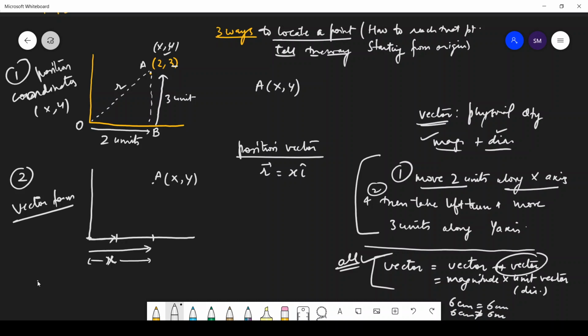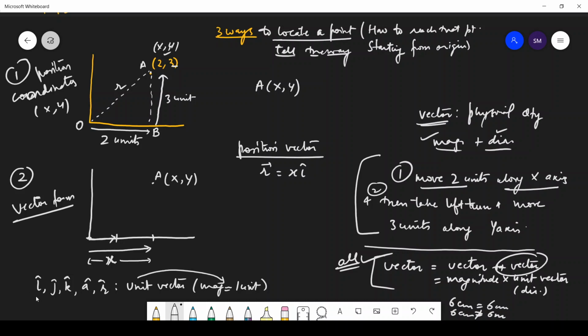So these vectors where we put the cap are unit vectors: i cap, j cap, k cap, or even a cap also, even r cap also. Wherever you are putting the cap, these are unit vectors. Their magnitude is 1 unit, and that is why we call them unit vectors. So unit means magnitude 1.